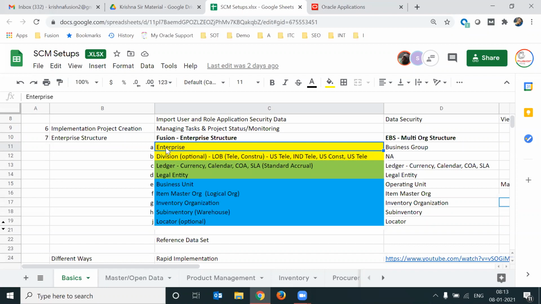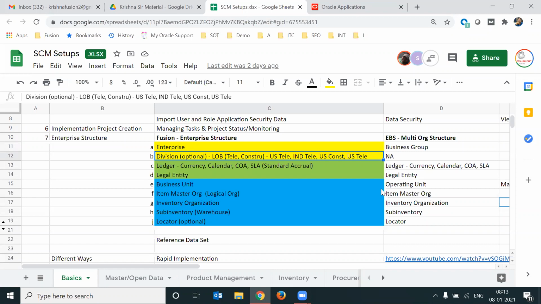And what is meant by division? Division is a classification according to the geography, nothing but region, or according to the line of business.